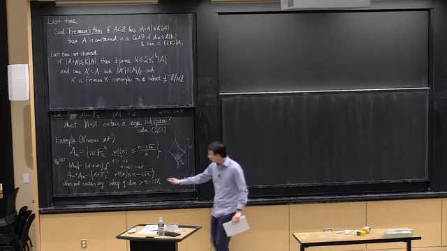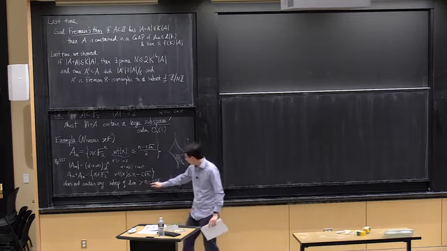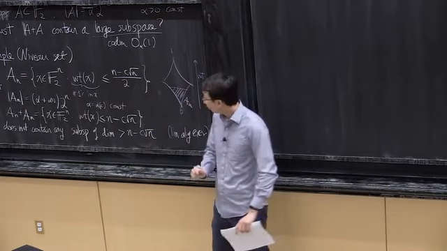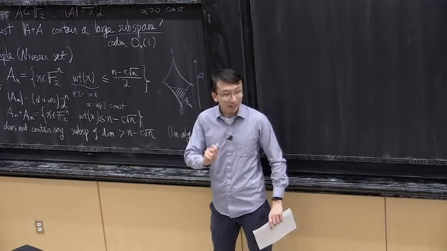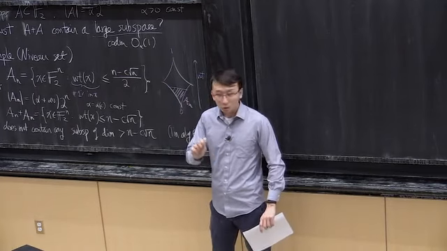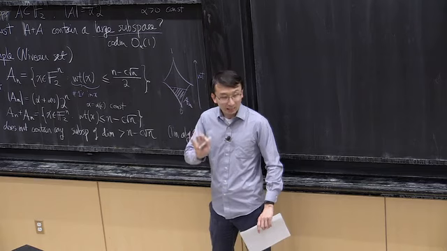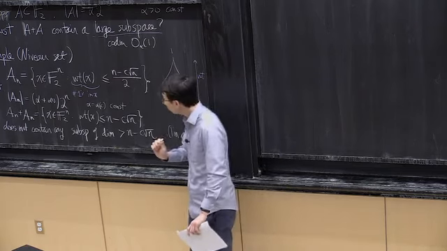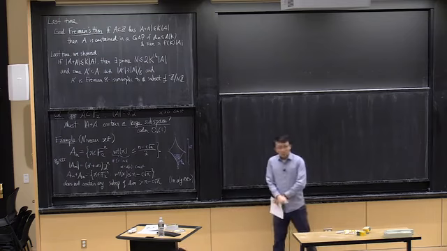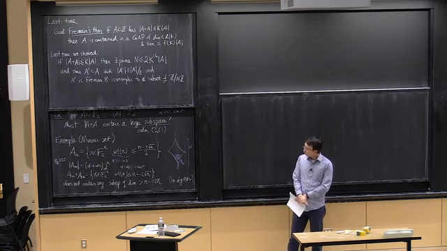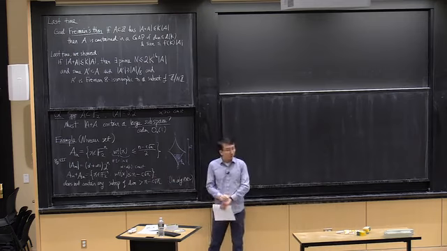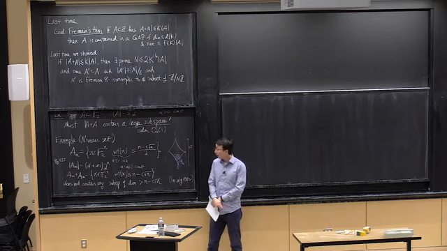If you have a subspace of dimension greater than some quantity, then you should be able to find a vector in that subspace whose support has size at least the dimension. Okay, so you see, in particular, we do not have any bounded codimensional subspaces in this A plus A.